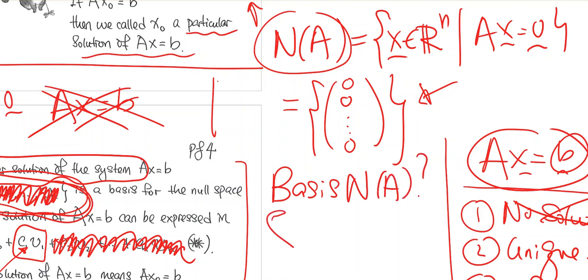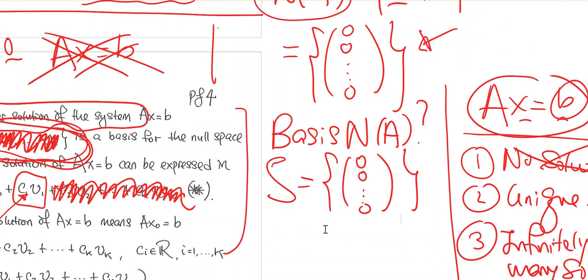You cannot say that the basis is the zero vector. Why? Because a zero vector can never be independent. To be a basis, you must span the space, which this does, but it also needs to be independent, and there's no independent set here. So there is no basis here.